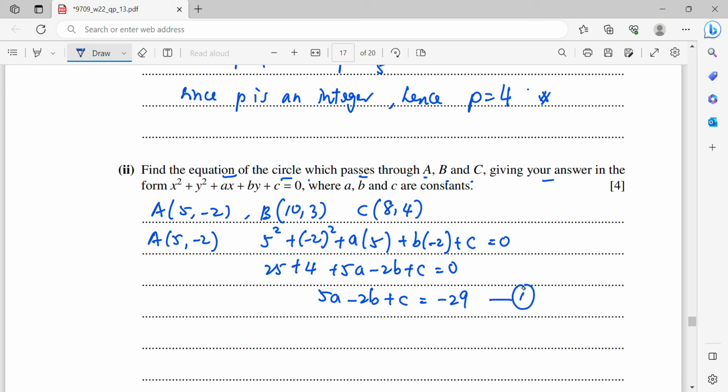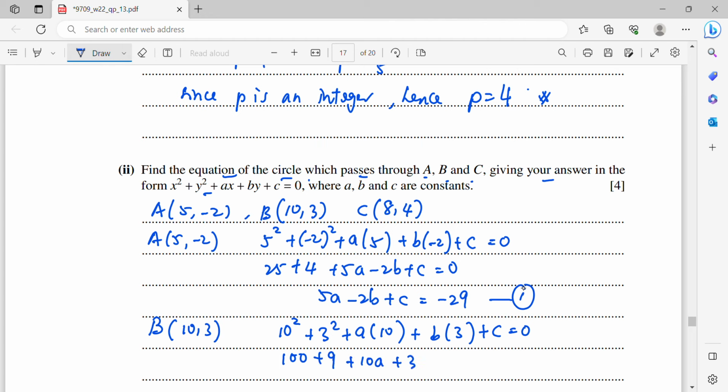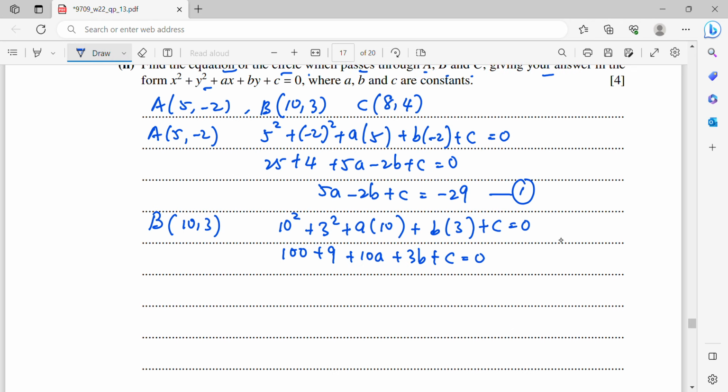First equation. From point B (10, 3), use the same method. 10 squared plus 3 squared, plus a times 10, plus b times 3, plus c equals 0. So 100 plus 9 plus 10a plus 3b plus c equals 0. Therefore 10a plus 3b plus c is negative 109. That is our second equation.